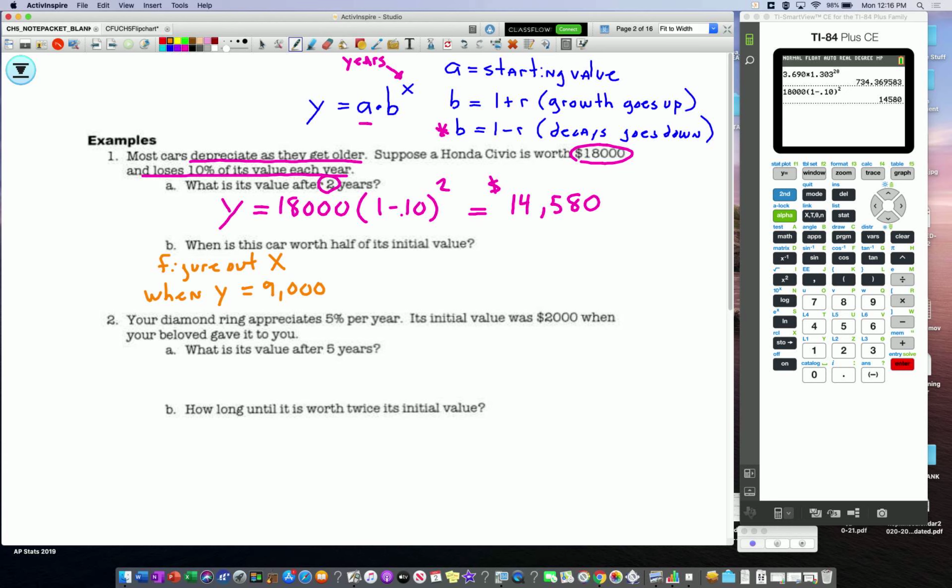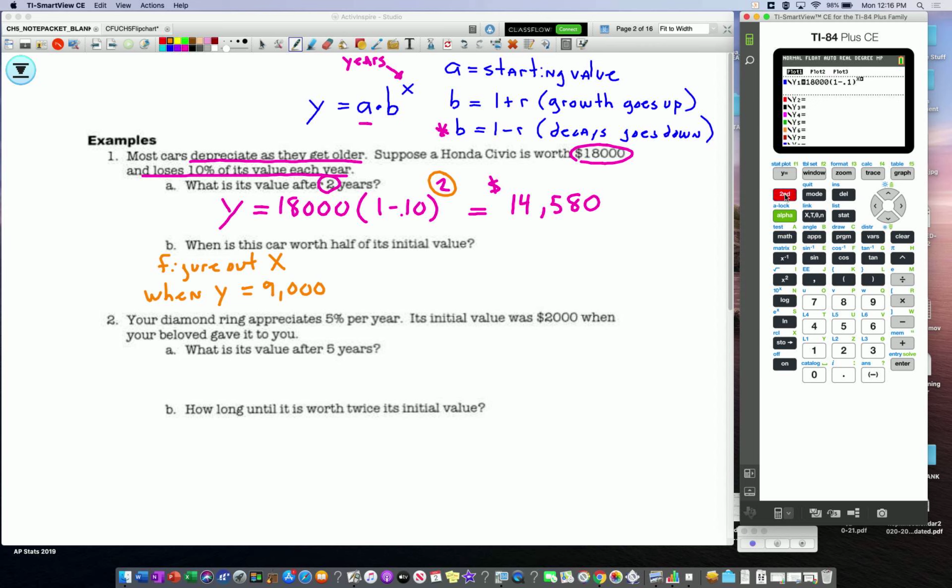Now this is tricky because we don't know how to solve for x yet, and we won't learn how to do that until 5.6. So how we're going to try to do it is this way. We're going to go to our y equals and enter in our exponential equation: 18,000 parentheses 1 minus 0.1, close parentheses, raised to the x power.